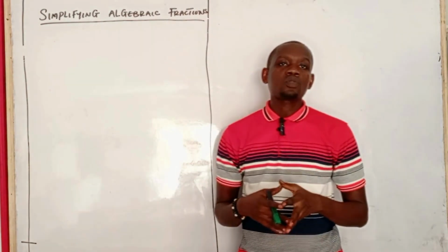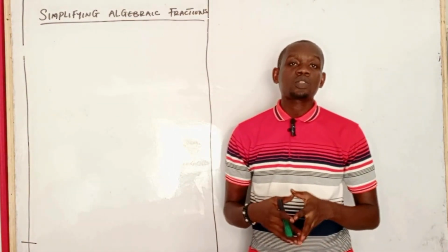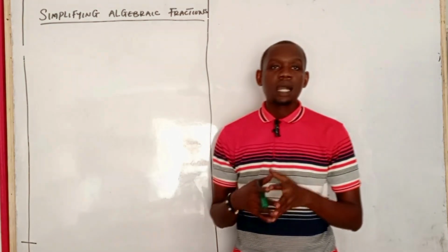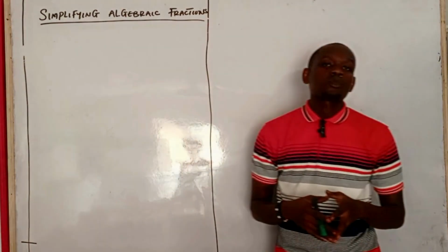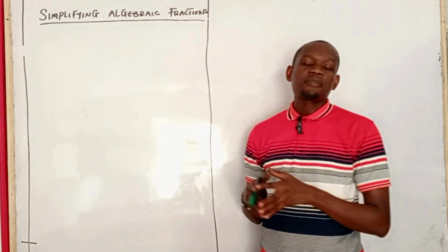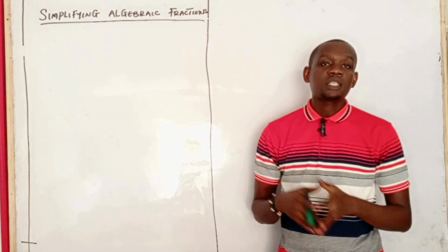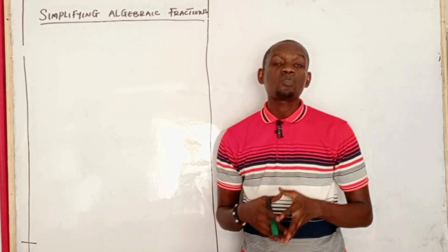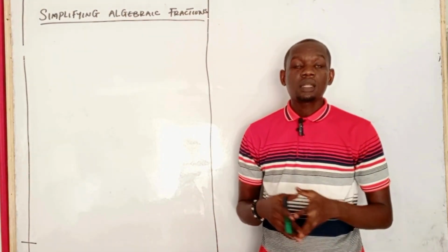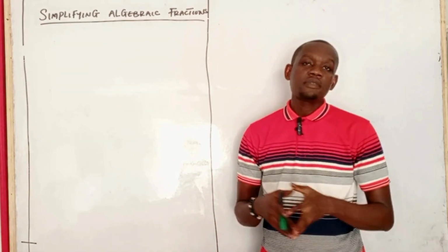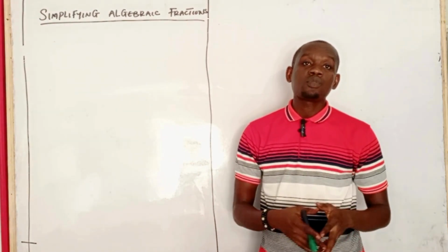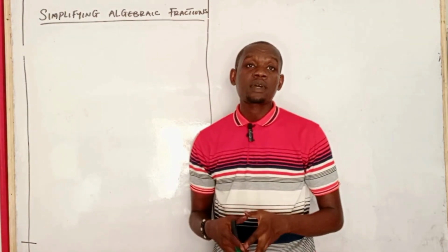If you want to simplify an algebraic fraction into the lowest or simplest form, the procedures you're supposed to have in mind are: one, if the numerator is factorizable, that means you have to factorize. Likewise, the denominator. If the denominator is factorizable, you also have to factorize.